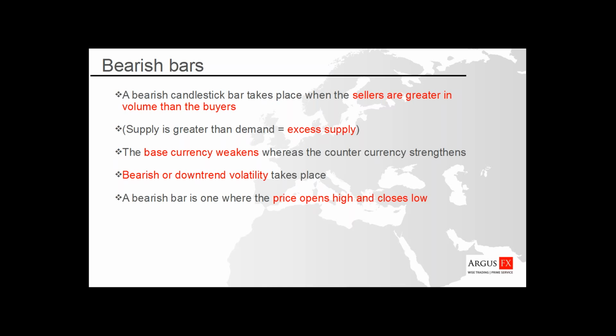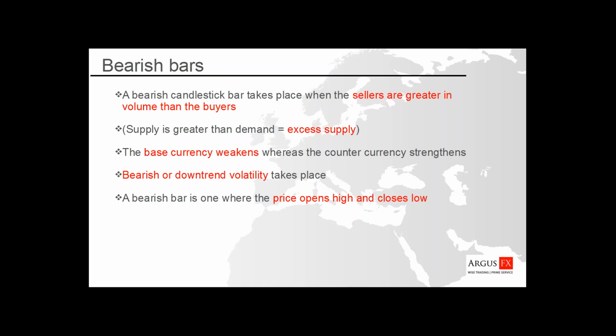And we have the so-called excess supply, which means that supply is greater than demand. In this case, when we are talking about a currency pair, the base currency weakens, whereas the counter currency strengthens.